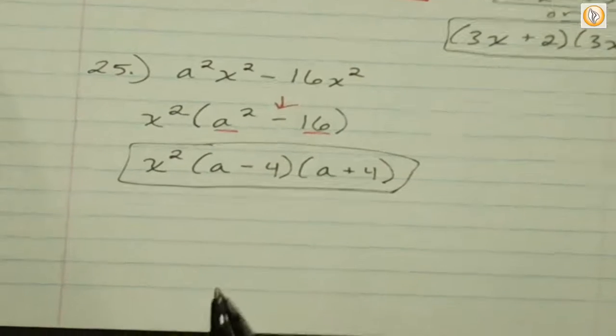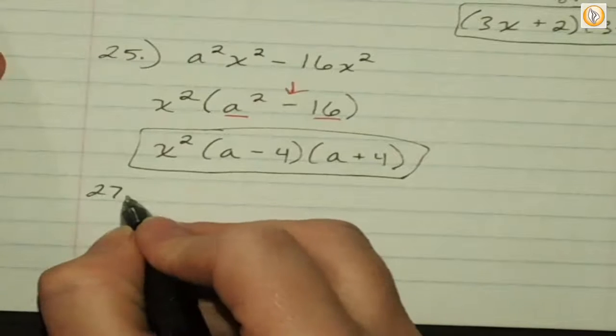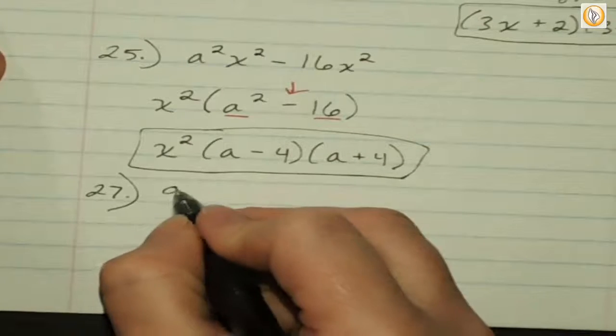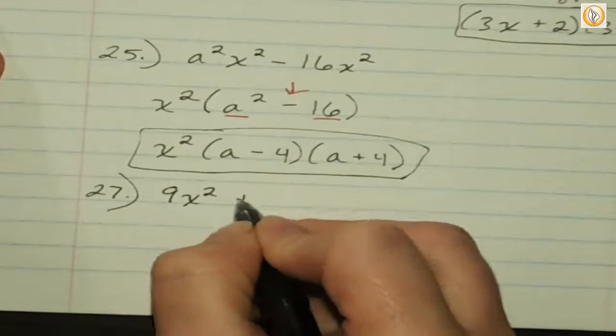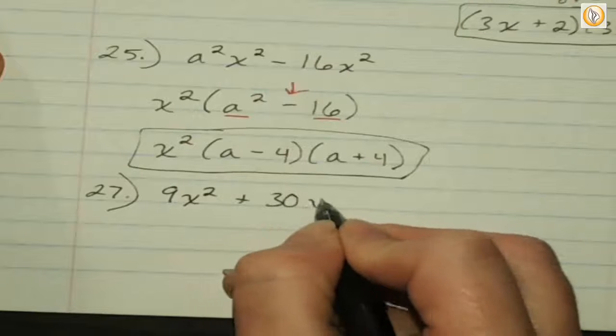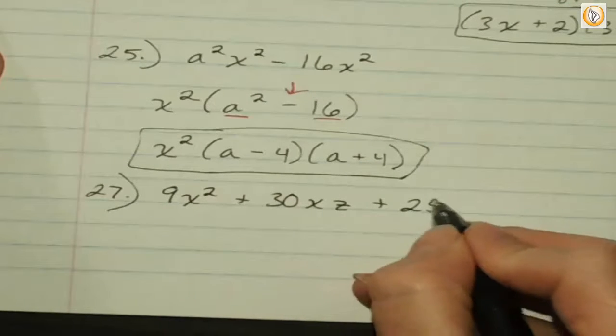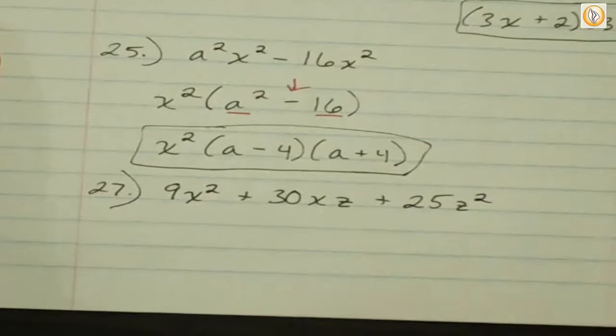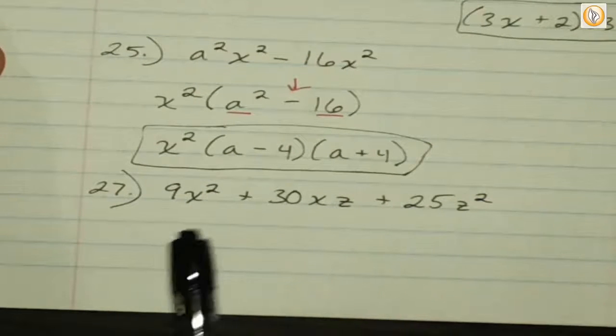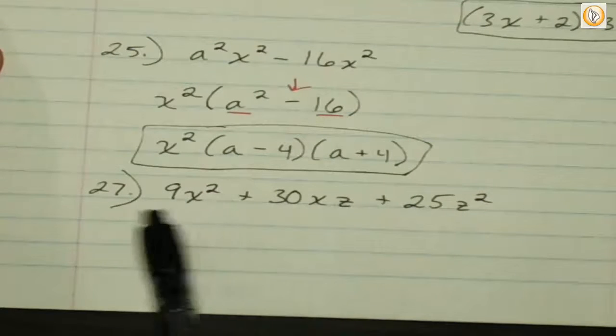Michaela wanted to do one, so I'm going to let her do one more. 27. 9x squared plus 30xz plus 25z squared. All right, so the first thing you ask is is there anything that can be taken out?